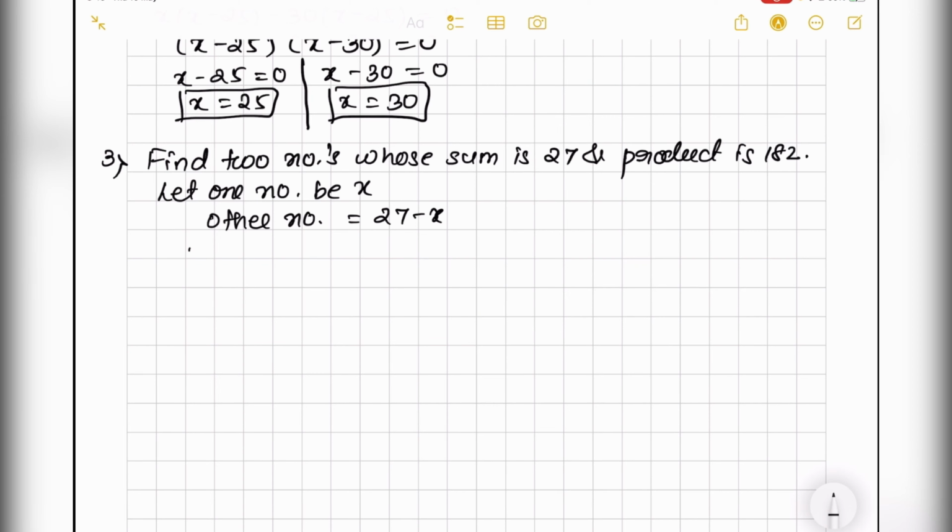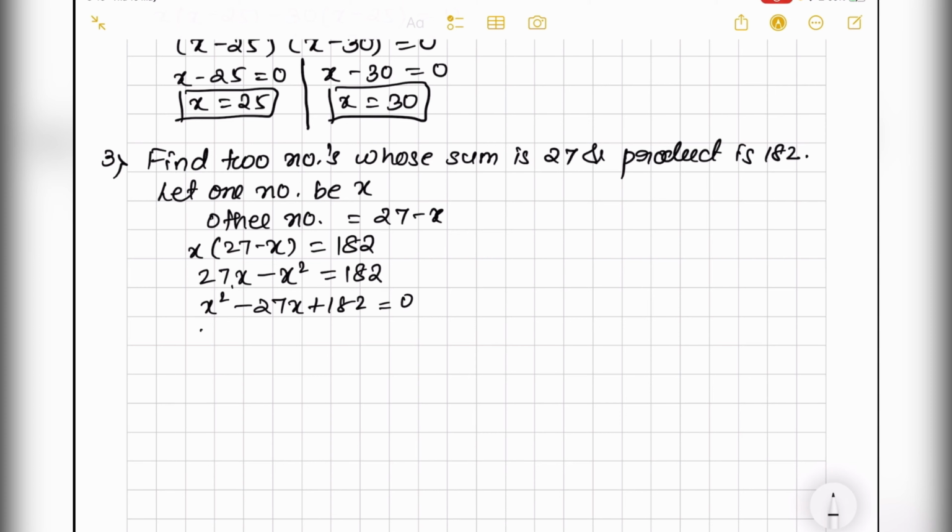Now the product of these two is 182, so x(27 - x) = 182. If I multiply, 27x - x² = 182, taking all the things on one side, so x² - 27x + 182 = 0.